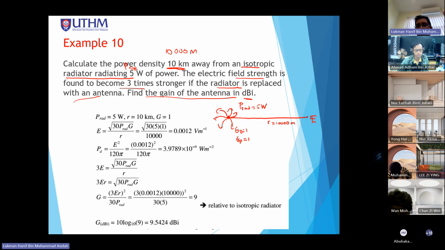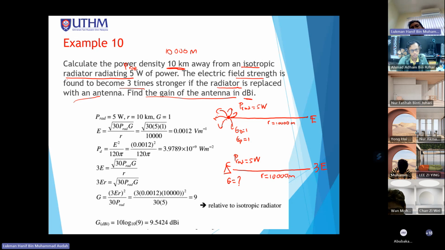Now the question says if we change into a real antenna, which has a specific gain that I don't know, but using the same radiation power and measured at the same distance R equal to 10,000 meter, it's going to be 3 times.